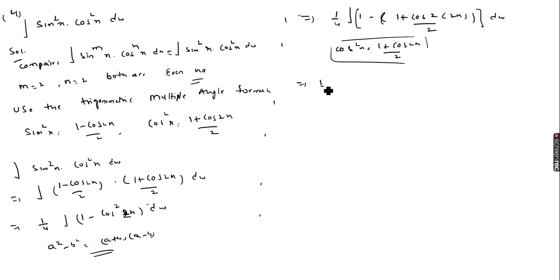So therefore 1 by 4 into integral of 1 minus, this is nothing but, minus 1 minus cos 2x by 2.